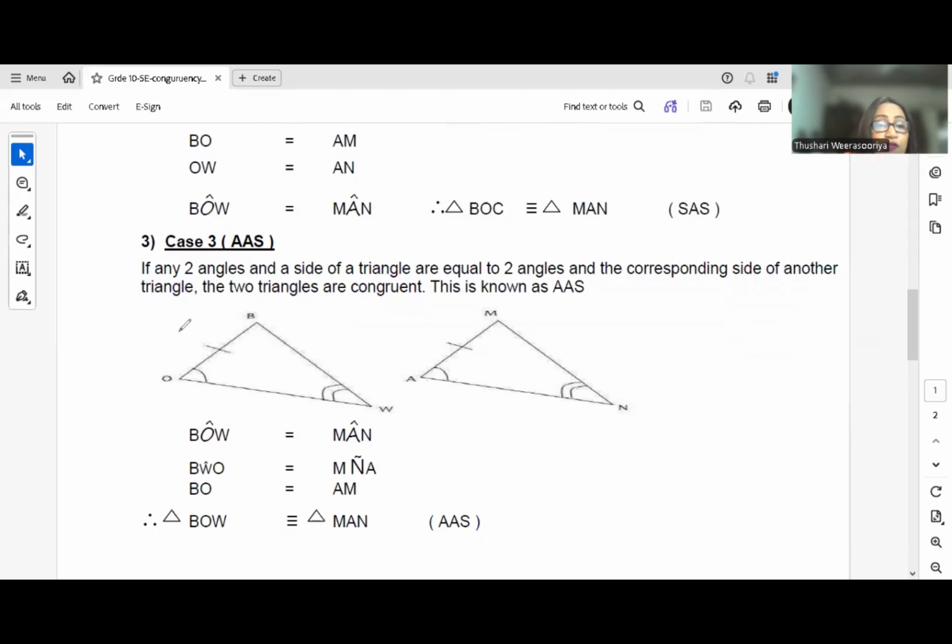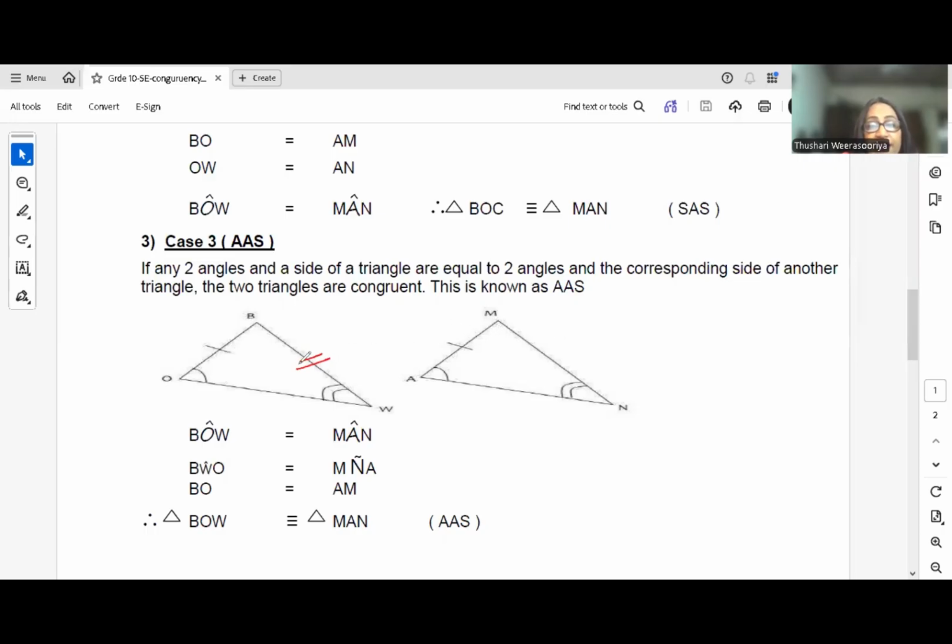You can take any side of the first triangle. When you go to the second triangle, that should be the same side. In the previous case, you will get the included angle. The angle should always be in between the two sides. Most of the children think that when it comes to AAS, the side should always be in the middle of the equal angles. Not like that. You can select any side, but that should be the corresponding side.